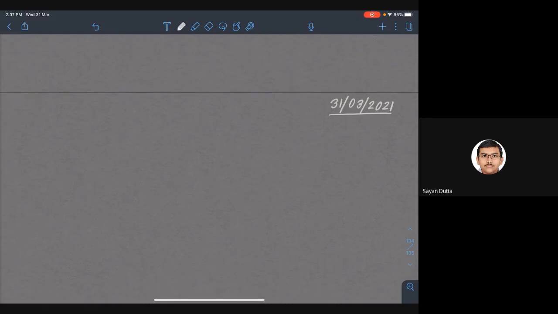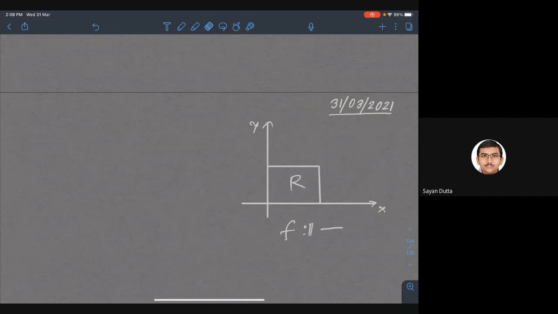So for example, if you have R2, what you will do is look at small rectangles, right? First, your variables are x and y, and your domain is a rectangle R, and you have a function from this rectangle R to the real numbers, and you want to define the integral of f dx dy, right?